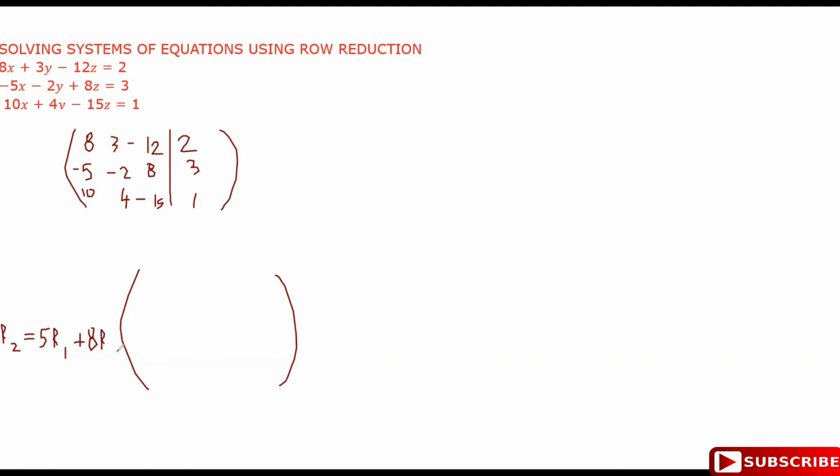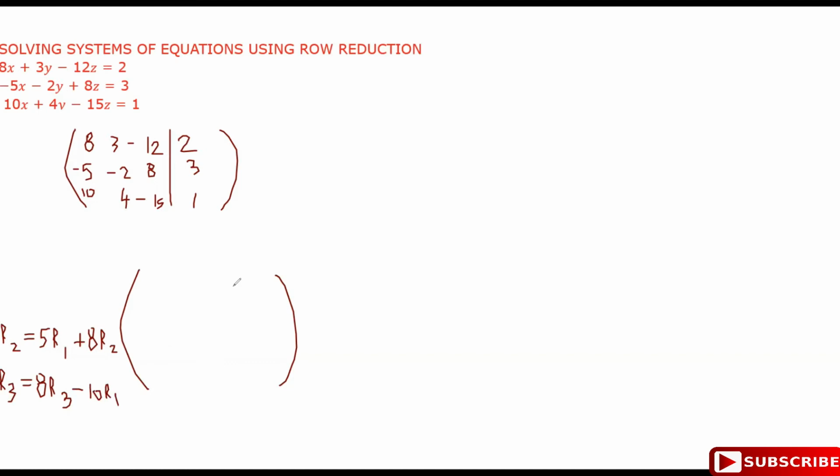Then our row 3 is going to be equal to 8 times row 3 minus 10 times row 1. That should give us 0 in row 3.